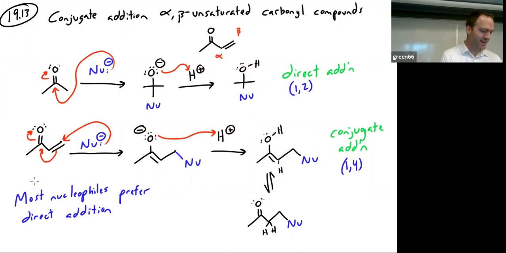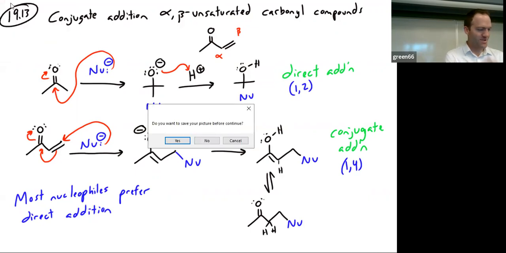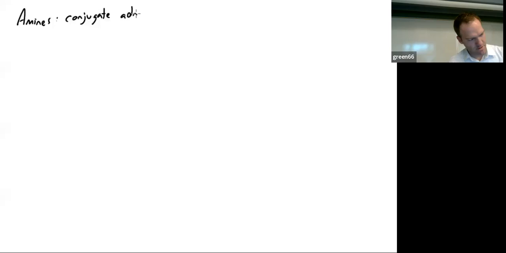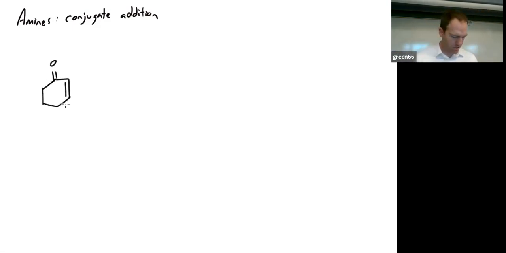There are two different types of nucleophiles I want to show you about. One of them is amines. Amines prefer conjugate addition. There is an alpha beta unsaturated carbonyl, all packaged nice and neat.